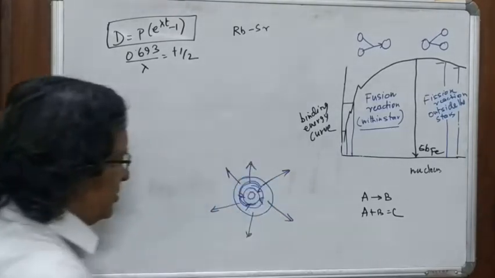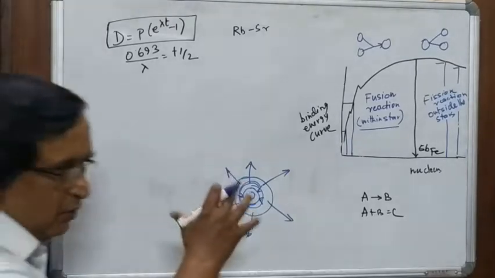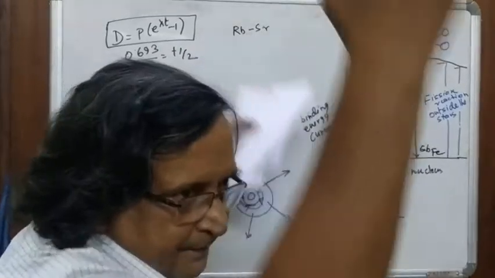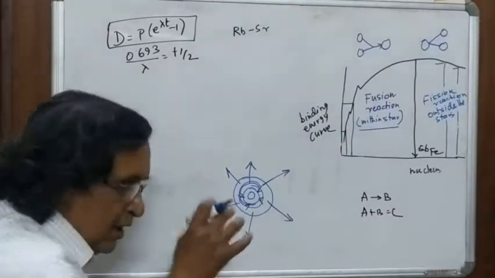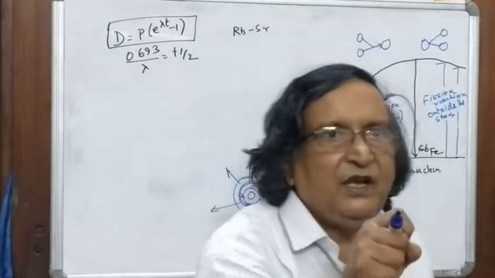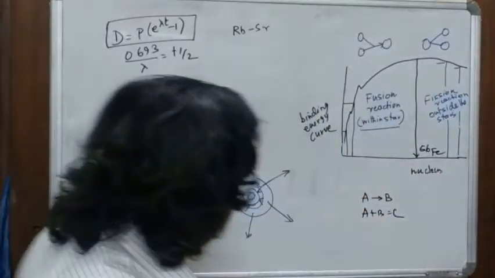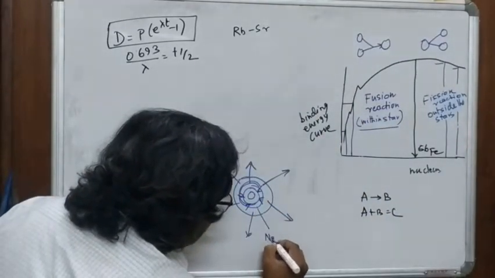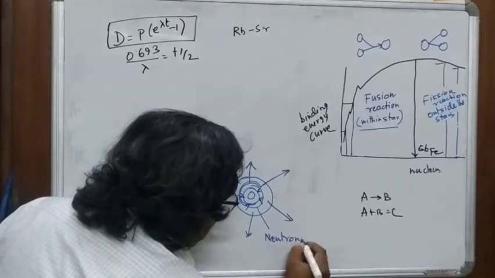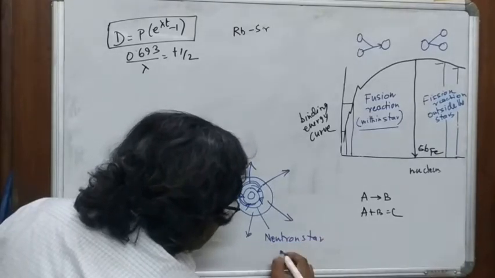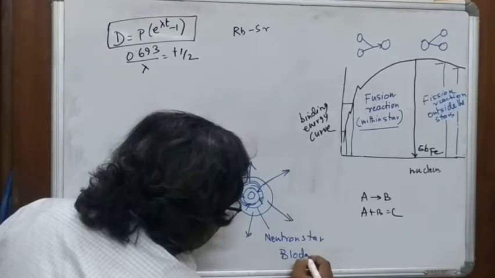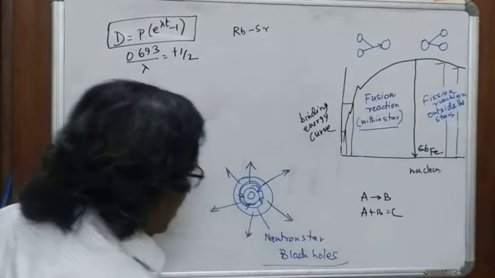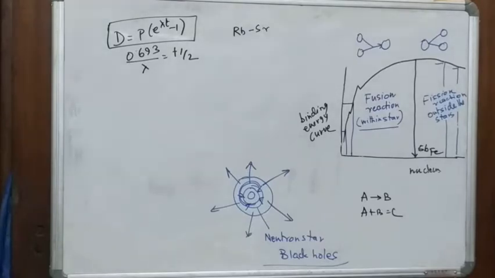So this is what happens in a supernova: the outer part is blown off and the inner part collapses because of the very high gravity. So this ultimately converts to what is called either a neutron star or very famous black holes. Today, there is a lot of research in the cyclotron based on the black hole formation, etc.